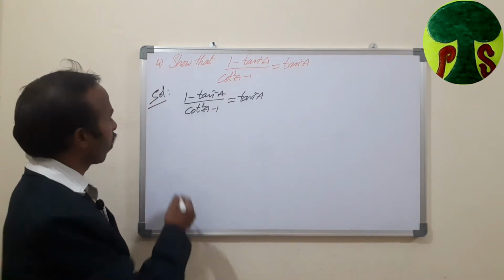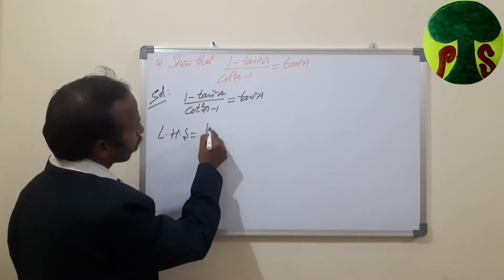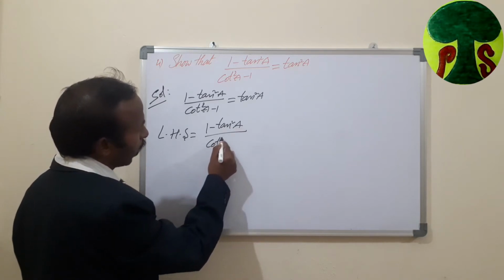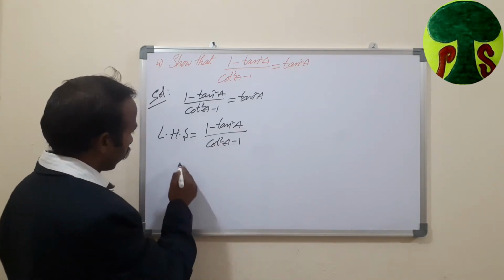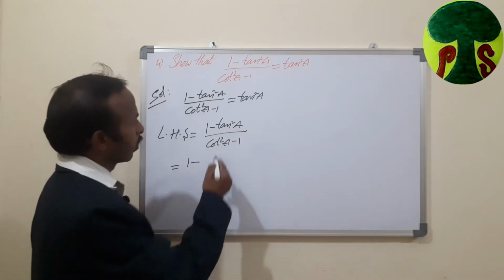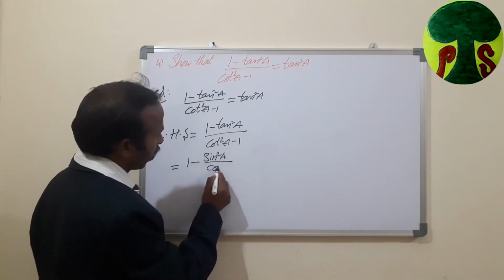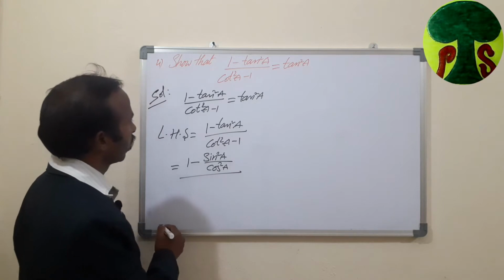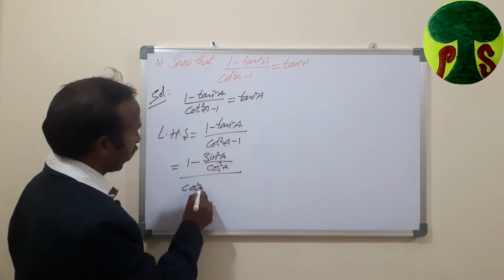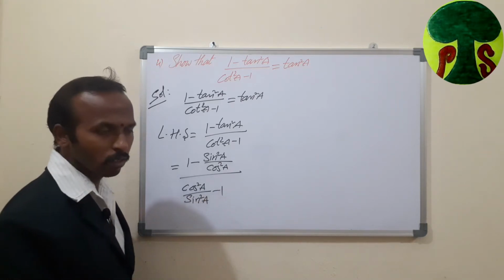Let's consider the LHS. LHS equals (1 minus tan square A) by (cot square A minus 1). Now 1 minus tan square A we can express as (cos square A minus sin square A) by cos square A, whole by cot square A, which we can express as cos square A by sin square A, minus 1.